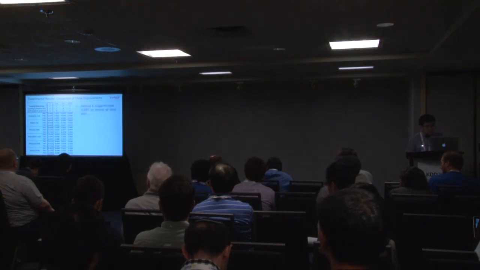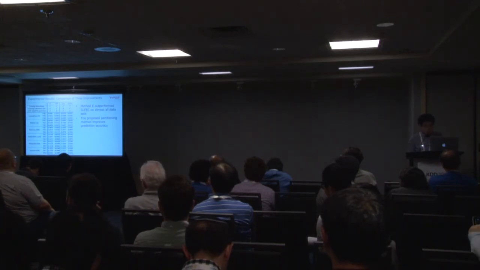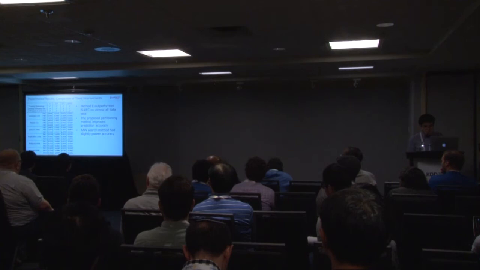Method E, only using the method to learn embeddings, outperformed SLEEC on almost all datasets. The proposed partitioning method improves prediction accuracy. And approximate nearest neighbor search method had slightly poorer accuracy.